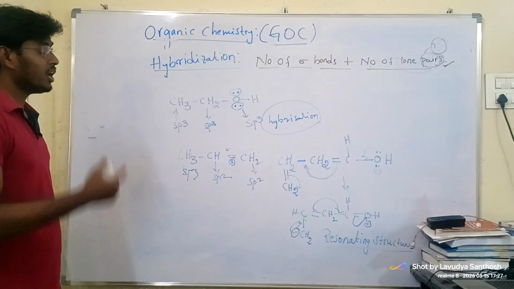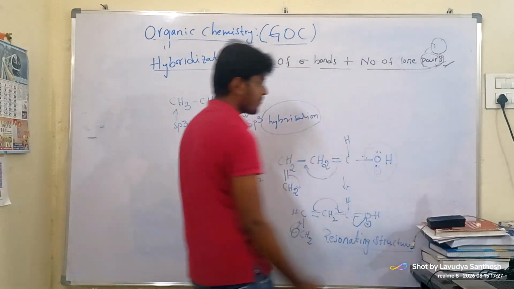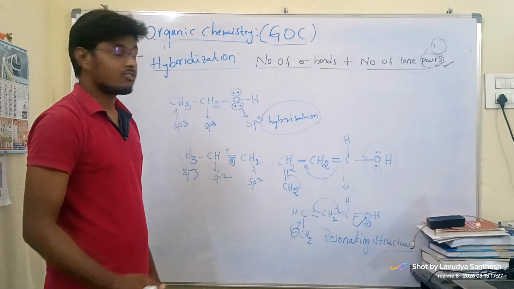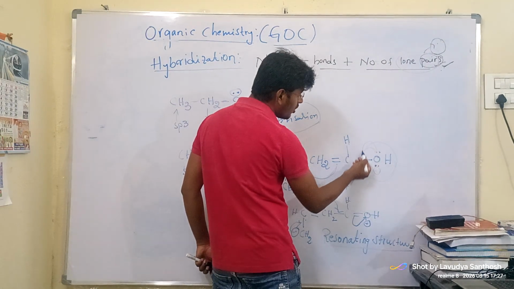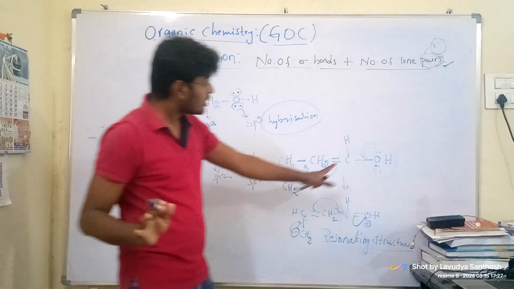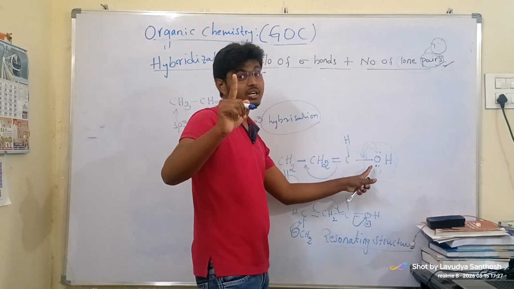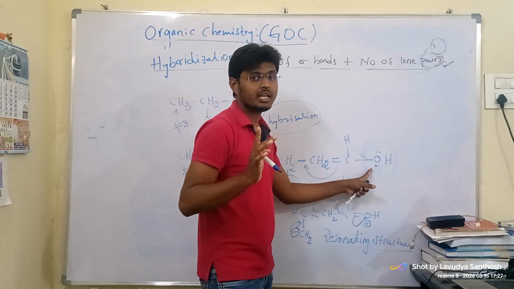Now let us take some more. Can you tell me the hybridization of this oxygen? Now you see, whenever the lone pairs are involved in resonance, you have to ignore them. Not both you are ignoring, but one you are counting and one you are ignoring. Either this or this you are ignoring.